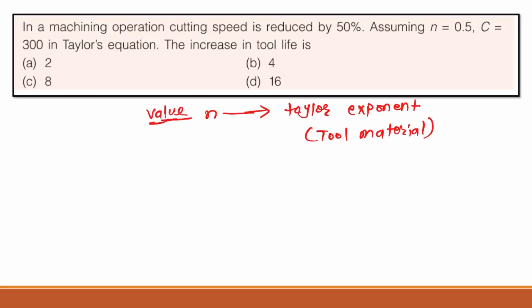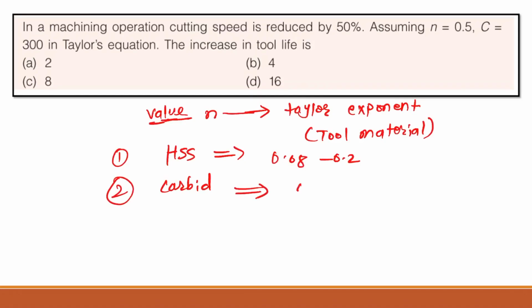So this becomes an important point here. For high speed steel, the value of n ranges from 0.08 to 0.2, right? For carbide, the value of n ranges from 0.2 to 0.6, and for ceramic, the value of n ranges from 0.5 to 0.8.